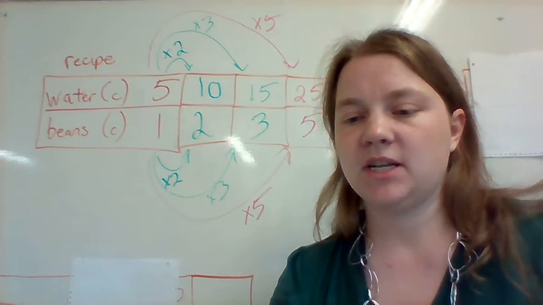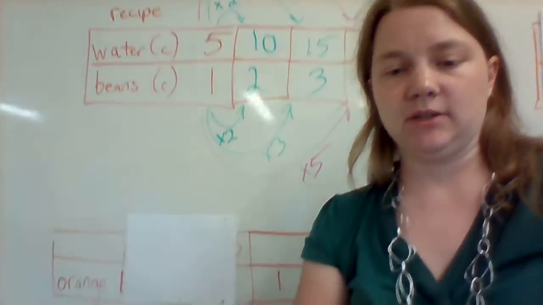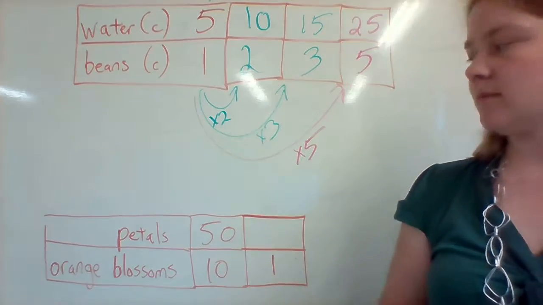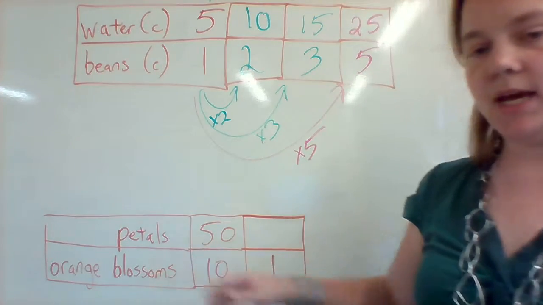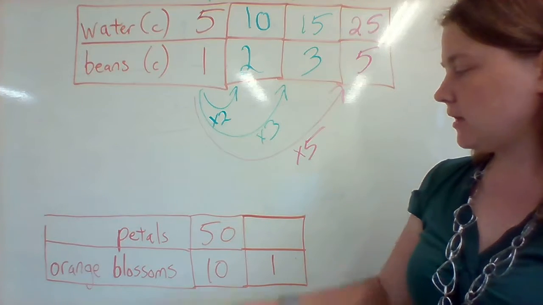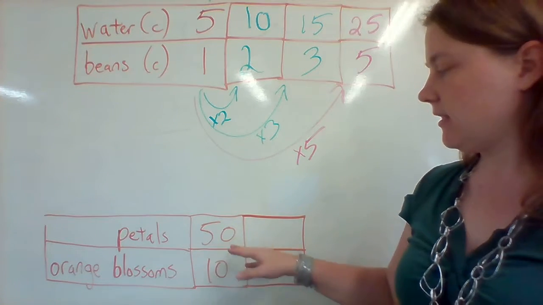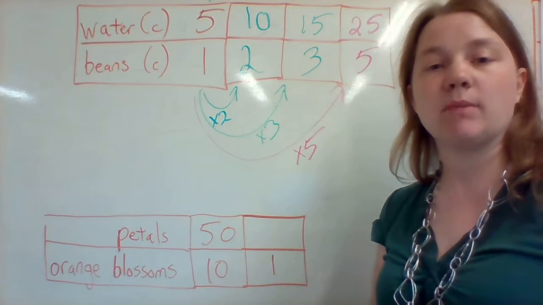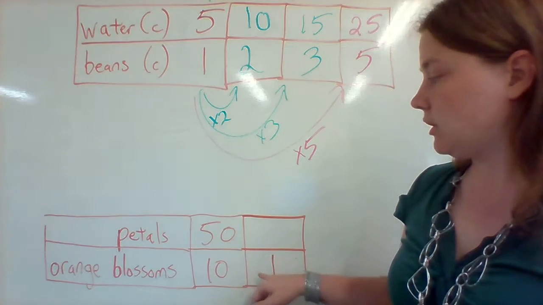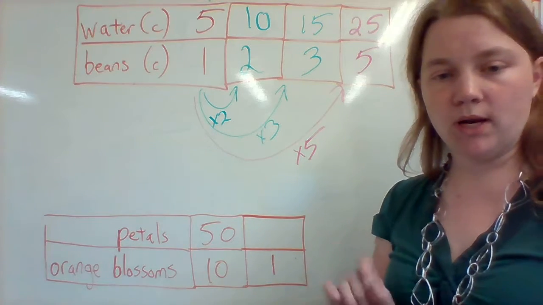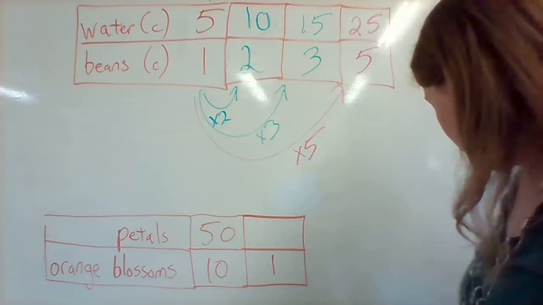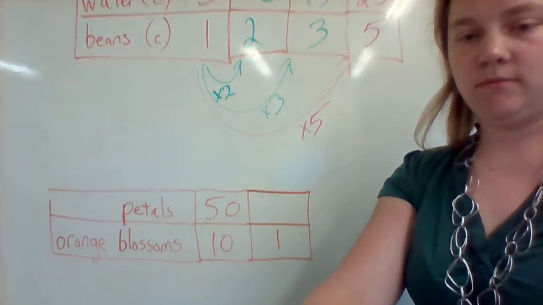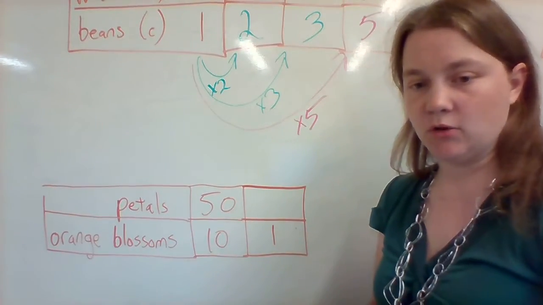Let's take a look at another example, which is really well hidden down here. Let's go ahead and look at orange blossoms. If you have 10 orange blossoms, and there's 50 petals total, and each of the orange blossoms has the same amount of petals on it, we want to know how many petals are on one orange blossom. To figure that out, you need to figure out how you went from 10 to 1 using multiplication or division.